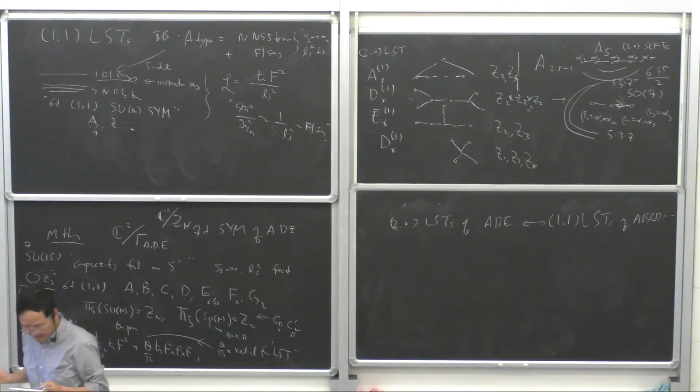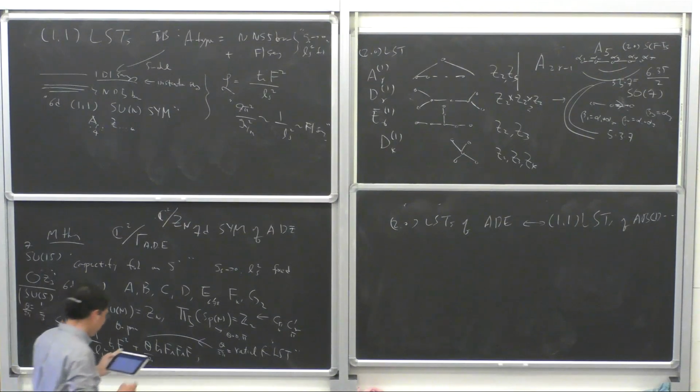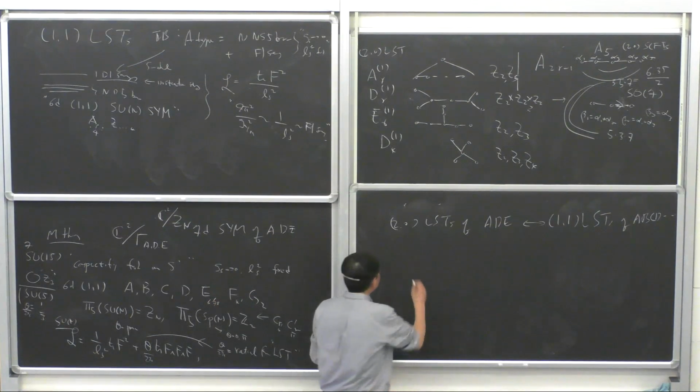And I said that the affine Dynkin diagram has more symmetries. So let me just show one case. One can go over all the cases.